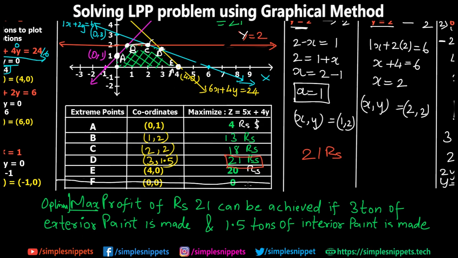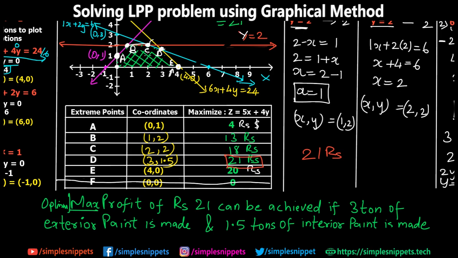And I hope you've understood the entire process of how to first formulate the LPP, how to plot the points on the graph and then draw the lines for the respective equations, and how to find the coordinates when they are in the middle of the graph. Also, I hope you understood that the optimum points are going to be the points at the extreme ends of the feasible region. And I hope you've also understood what the feasible region is.